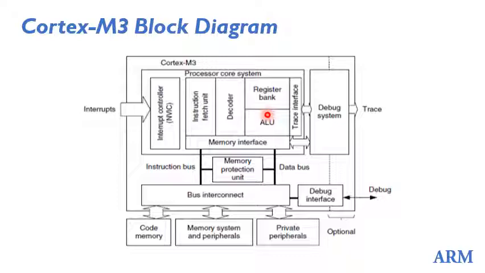Since Cortex M3 is a 32-bit processor, there is this register bank which is capable of holding 32-bit data. So there is a 32-bit register bank, and you have an ALU which is capable of performing operations on 32-bit data at a time. It's a Harvard architecture, so you have two separate buses for instruction and data.